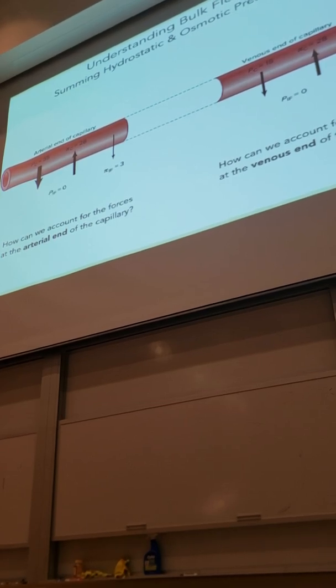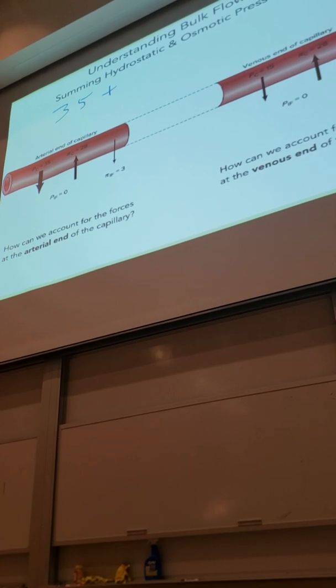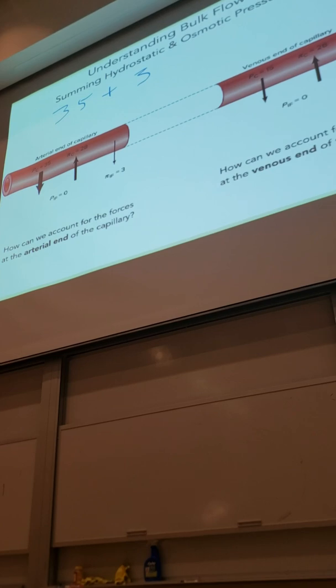But this is the friendly kind of math where it's not so bad. So we've got 35. What else do we have? 3. Okay. And then we subtract those that are working in the opposite direction. You see where I got that?